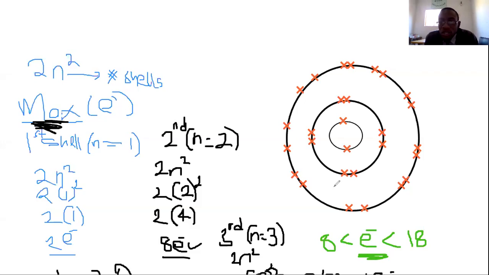So the third shell can only hold 8 electrons or less, or 18 electrons only. So the maximum is 18. If you have anything less than 18 and more than 8, then you cannot put it in the third shell. We're going to demonstrate this in the coming exercise.